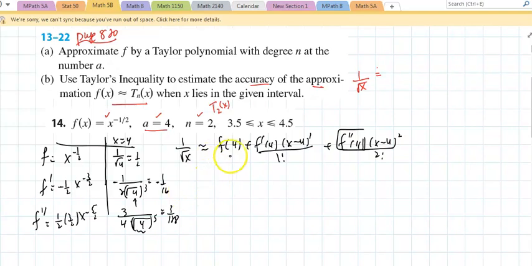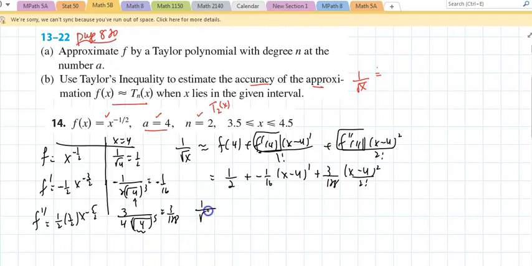Here you really don't need to worry about a pattern because you only need 3 of them. So you're going to say that's 1/2 plus negative 1 over 16 times x minus 4 to the 1, plus 3 over 128 times x minus 4 squared over 2 factorial.